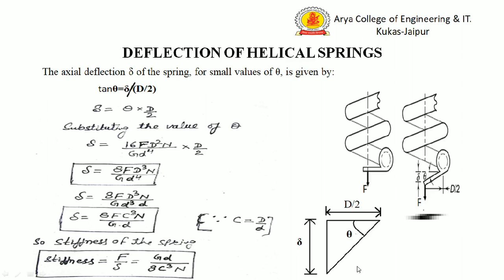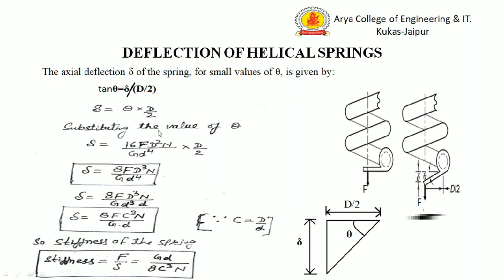From this triangle, tan theta is equal to the perpendicular delta divided by the base, which is D by 2. For small values of theta, tan theta is equal to theta. So theta is equal to delta upon D by 2, or delta is equal to theta multiplied by D by 2.